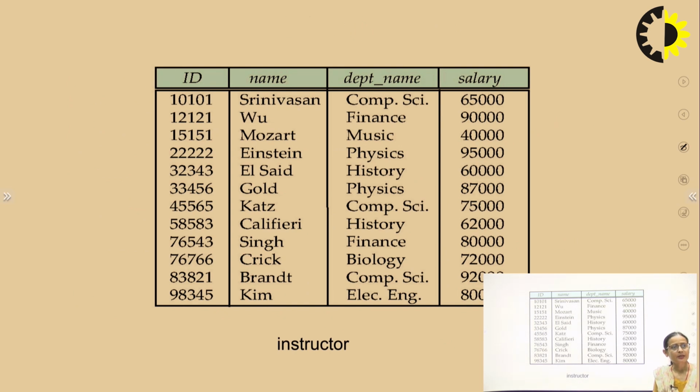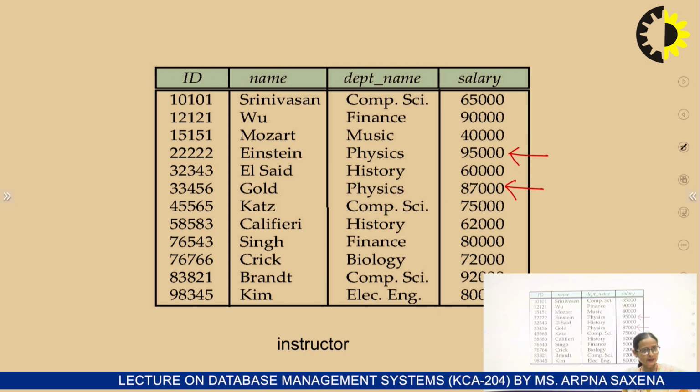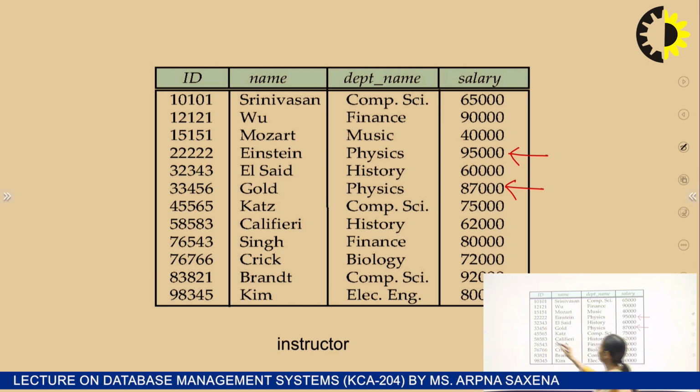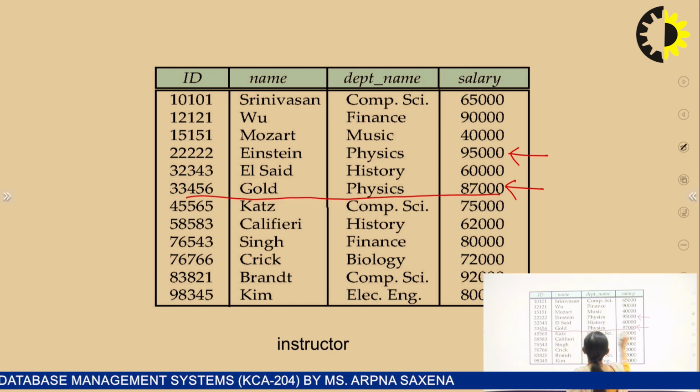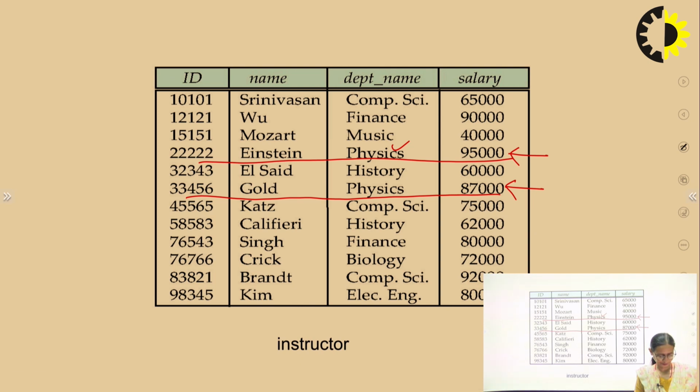For instance, if this is my instructor relation, and this particular employee is working in the physics department, and this particular employee is working in the physics department, then what is going to be the output? The output is going to be this, because we have specified the condition that the department is equal to physics.